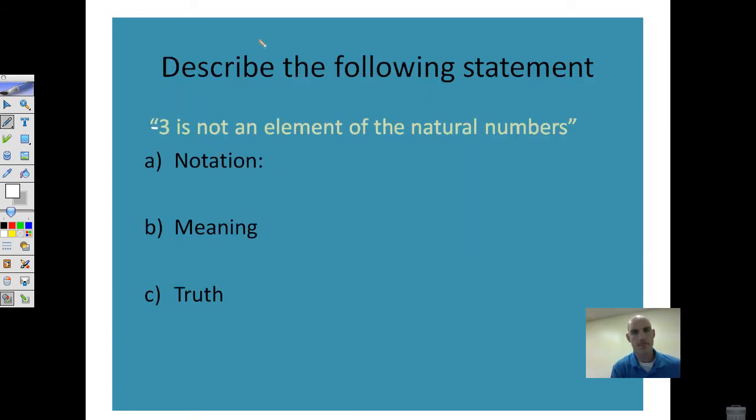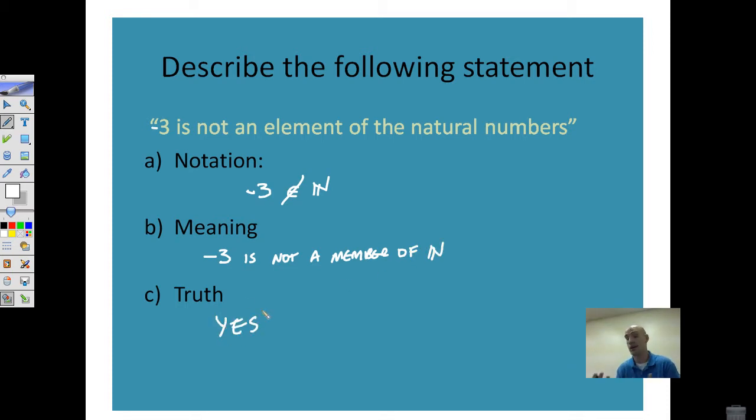Let's try another one. This one says -3 is not an element of the natural numbers. The notation would look like this: -3, and we'd have the element symbol, but we put a slash through it to mean not in N. -3 is not a member of the natural numbers, and the truth is yes.